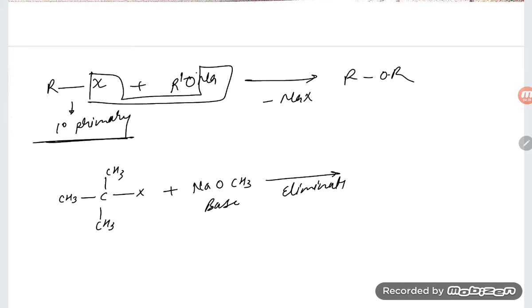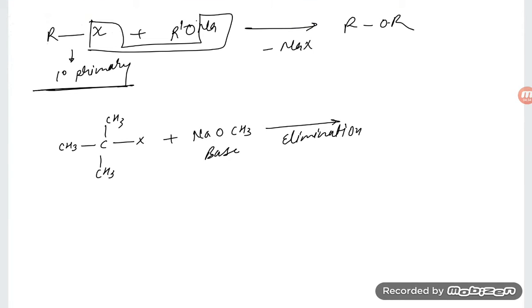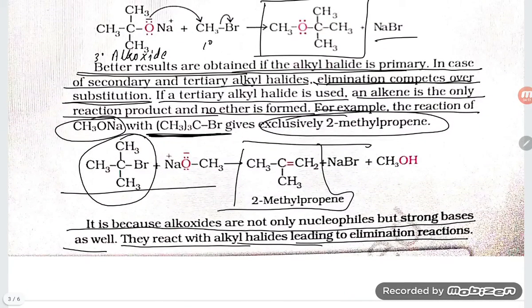The elimination proceeds through the formation of a carbocation. Elimination gives (CH3)2C=CH2. So 2-methylpropene is formed. Here you see, a 3 degree halide has been taken, so 2-methylpropene is formed.